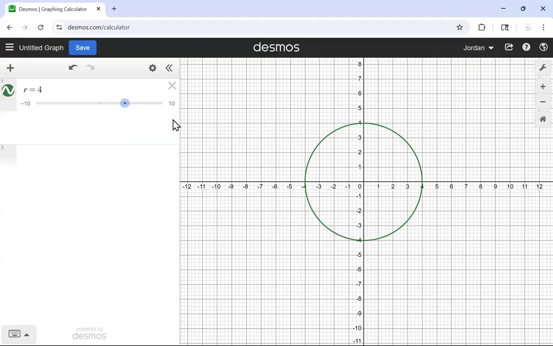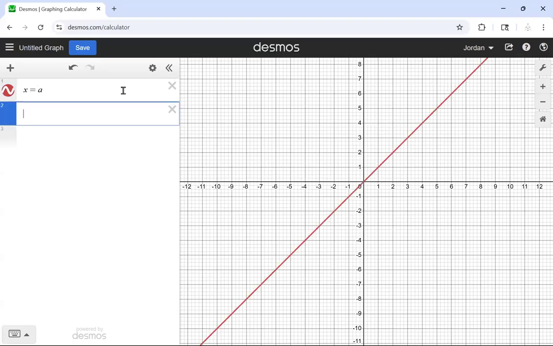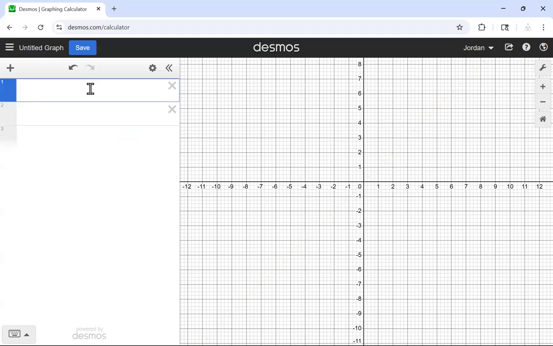That's kind of like when we graph in rectangular coordinate systems, where every point is on some x equals line, that's a vertical line, and a y equals line.